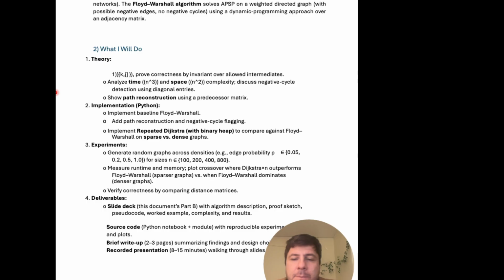What problem are we solving and why does it matter? We are given a directed network where each connection has a cost. Some costs can be negative, but the network should not have a loop with a total negative cost.